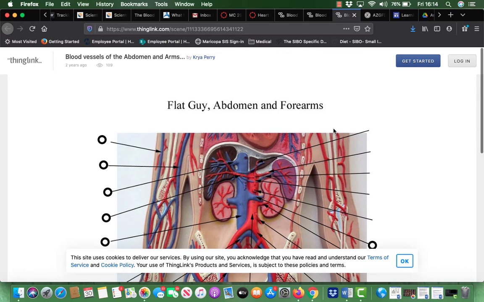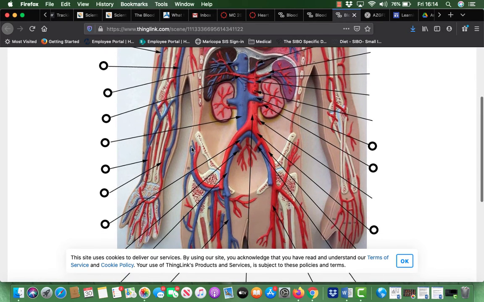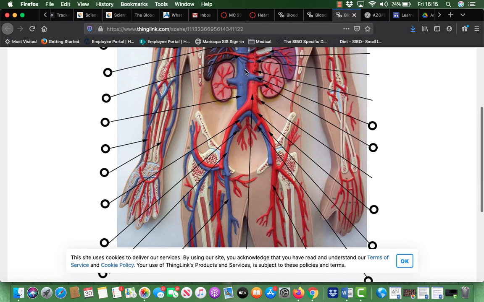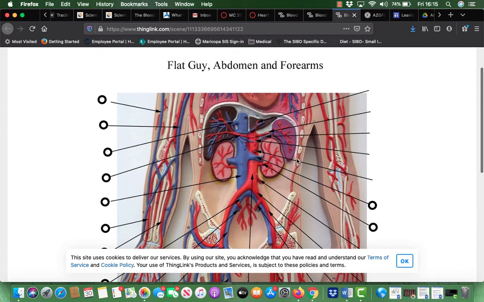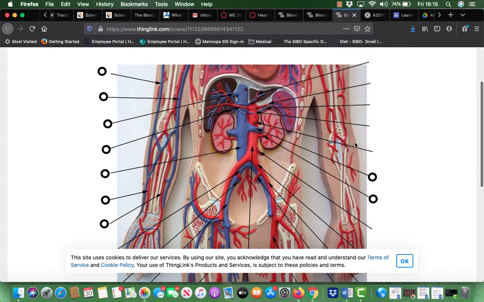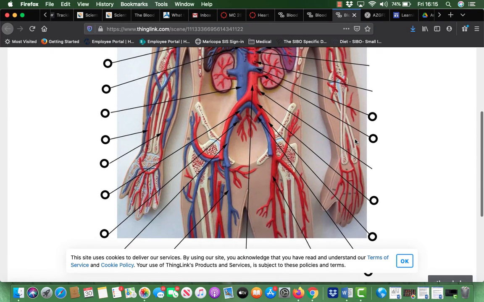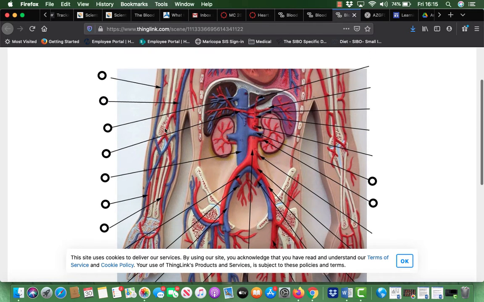So let's go ahead and go through the arms first, and then we'll go through some of the trunk and then the legs. The hard part is that these models don't always depict all of the vessels well, so I'm trying to cover most of the vessels that you'll be responsible for.